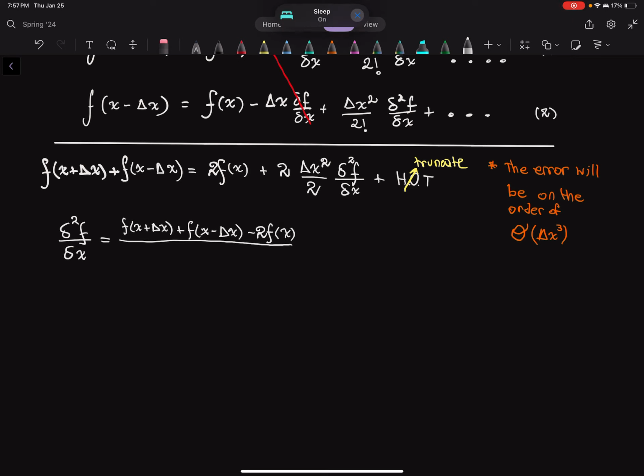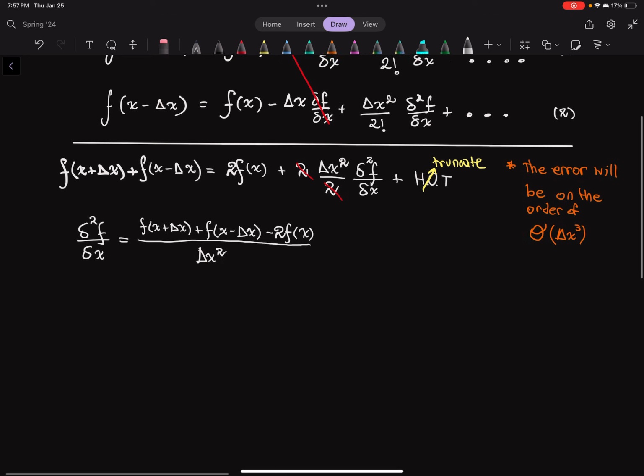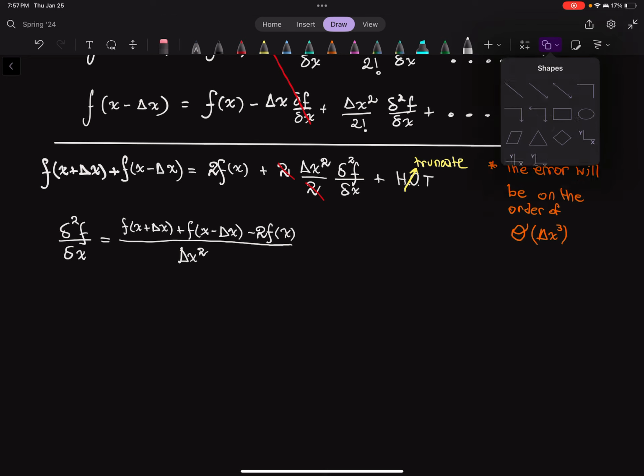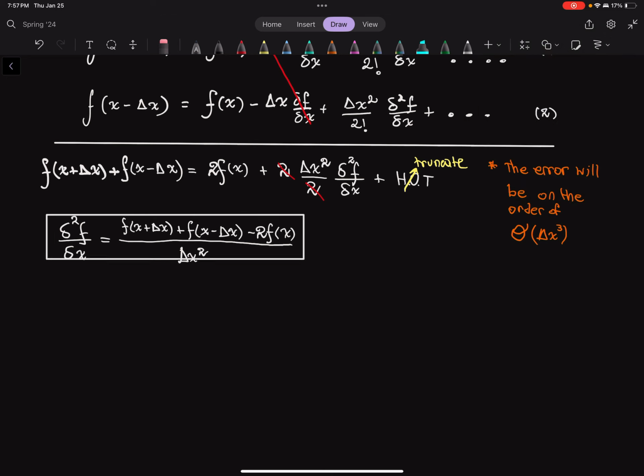And then these 2's would cancel out, and we would have delta x squared in the denominator here. And this would be our result for the central difference.